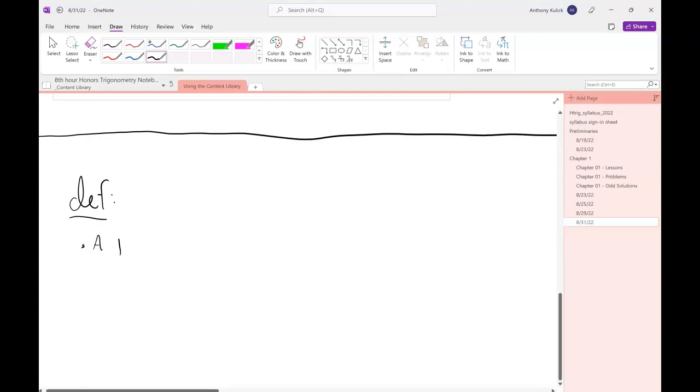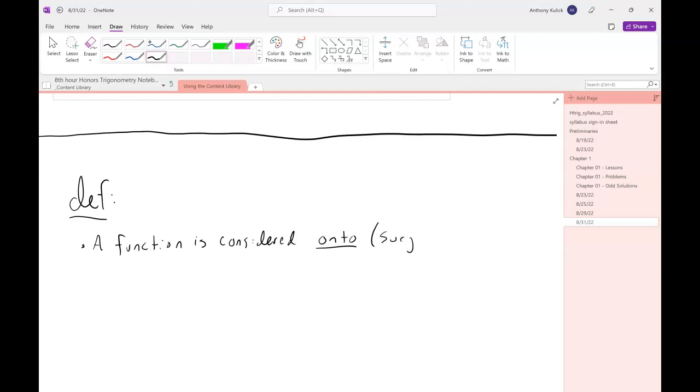So we say that a function is considered onto, or some textbooks use the term surjective, if every element in the range is mapped to by some element in the domain.